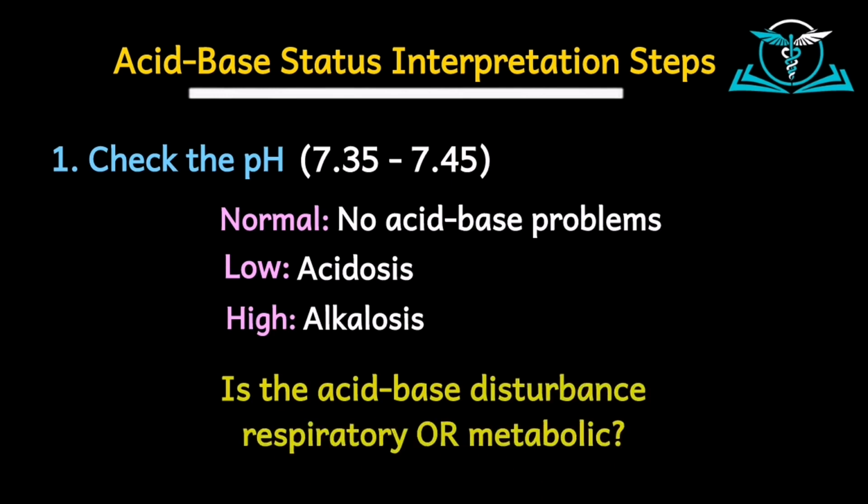Now, I need to say here that acidosis and acidemia, although they are often used interchangeably, are 2 different subtle concepts. The process which causes the elevation of the hydrogen ions, that process is called acidosis. And then the elevation of the hydrogen ions in blood is acidemia. In other words, acidosis causes acidemia.